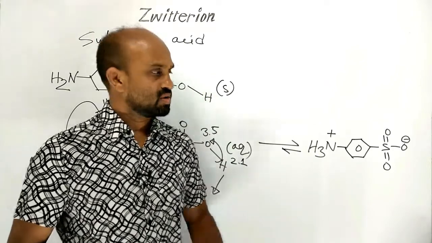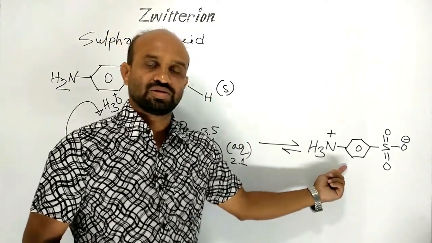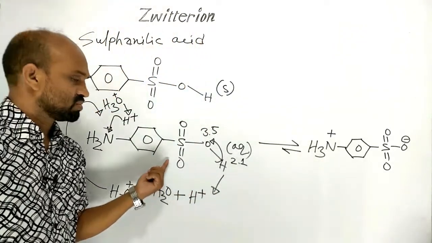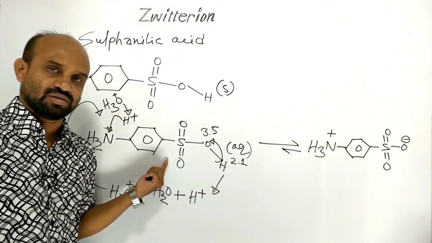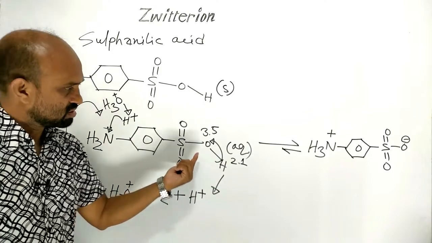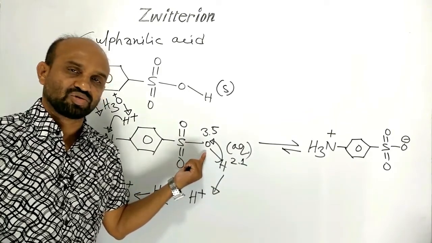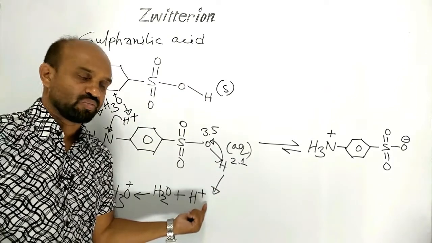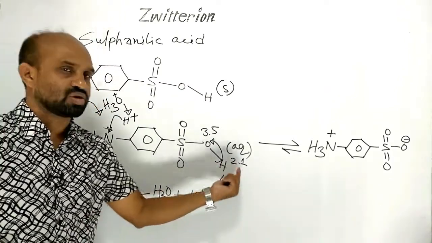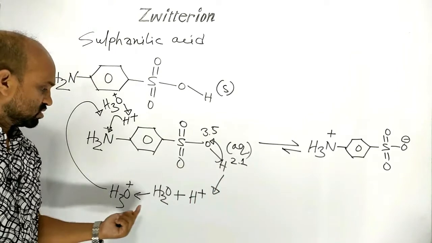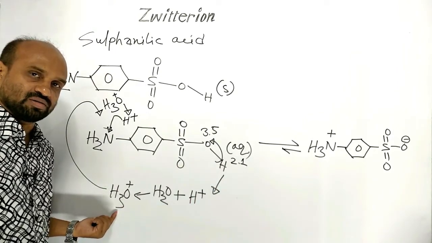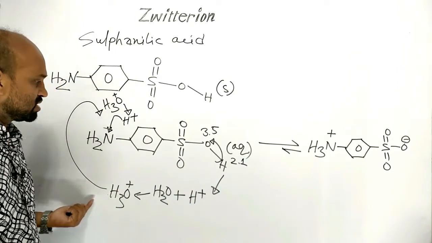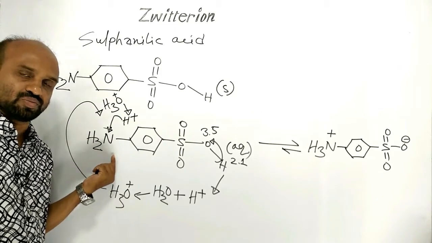So here, this is the Zwitterion of sulfanilic acid, and the process is: the sulfonic acid group releases a proton. That proton combines with water in solution to form hydronium ion. This hydronium ion migrates to the amino group.